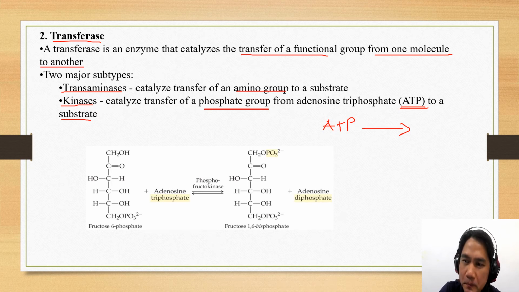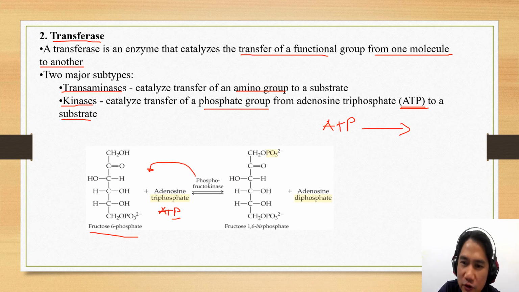For example, in this reaction, the substrate is fructose 6-phosphate, and then you have ATP, or adenosine triphosphate. The enzyme phosphofructokinase attaches one of the phosphates of ATP to the substrate.